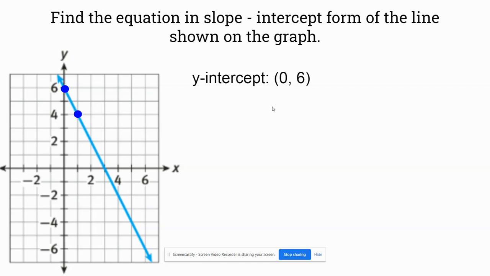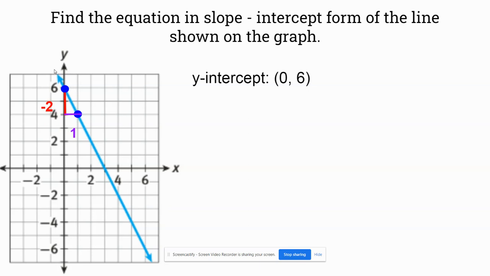So I know my y-intercept. Then I'm going to look at the change between these two points to find the slope. The first thing I'm going to do is look at the vertical change, or the y change, or the rise. Because it's going down, it has to be a negative value. And then I'm going to the right one.